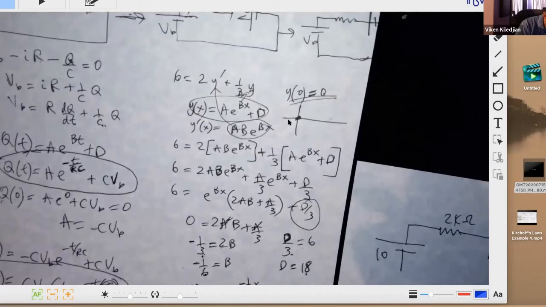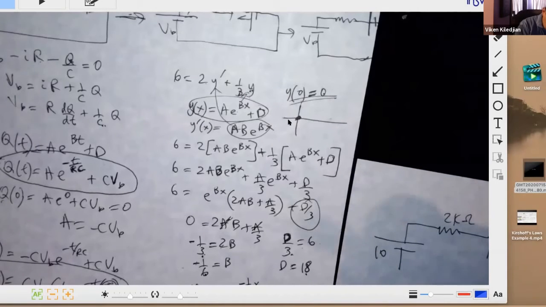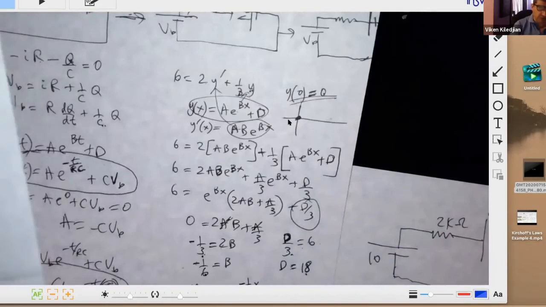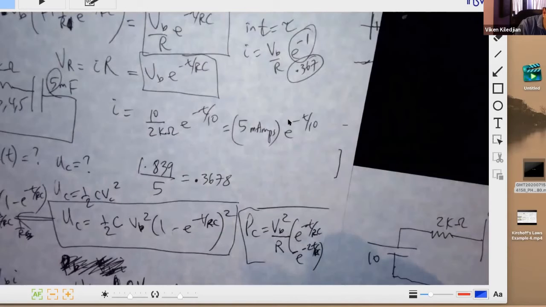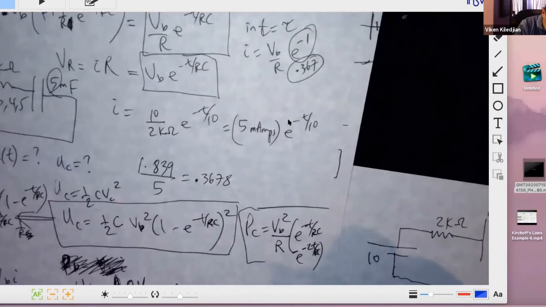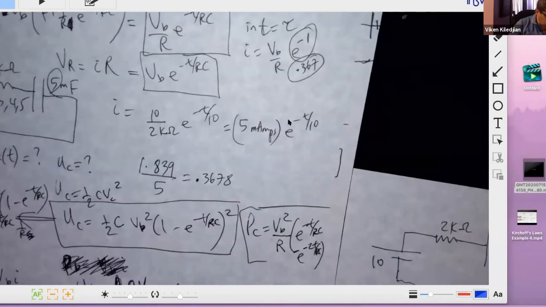What was it? 5 millifarads. So then what would the energy equations look like? The energy of the battery would look like what?